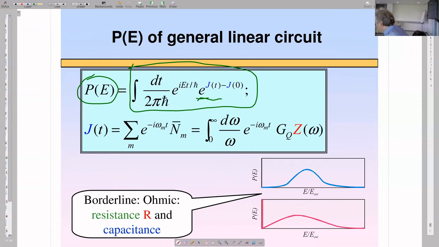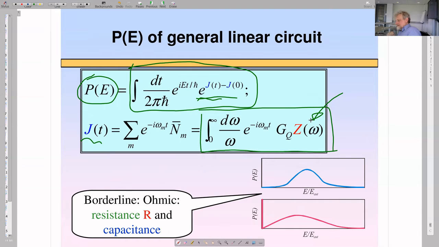This function has exponential form, and the function which sits in the exponent in its turn can be seen as a Fourier transform of the frequency-dependent impedance of the circuit.